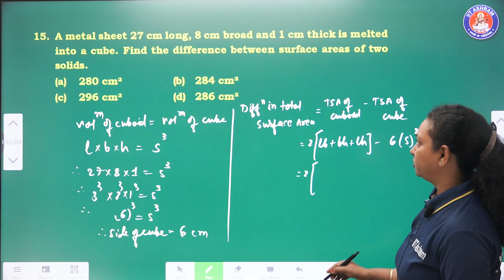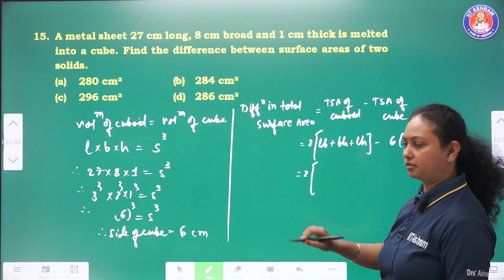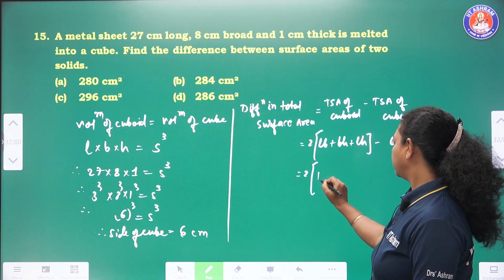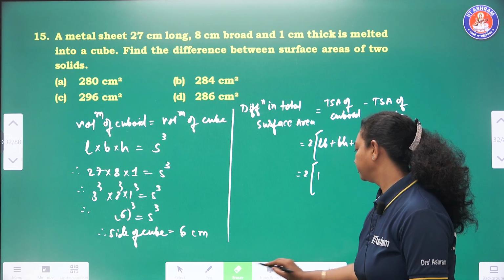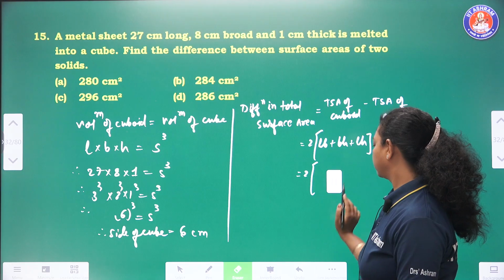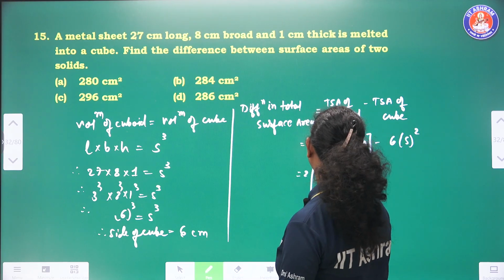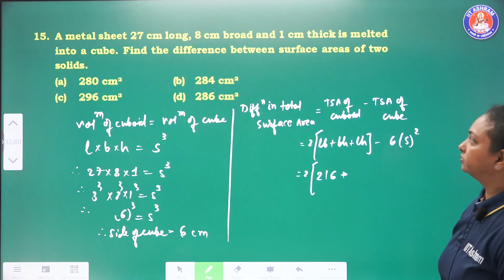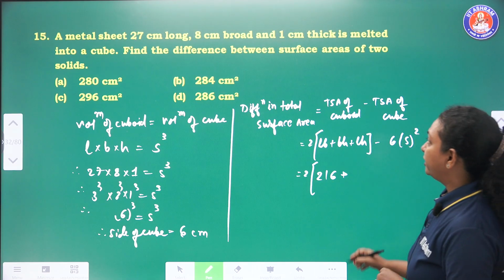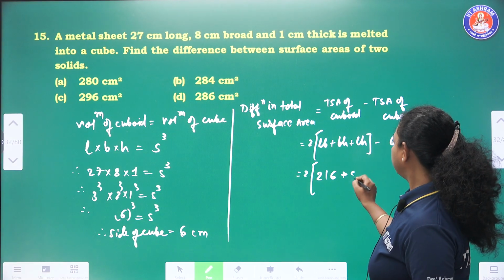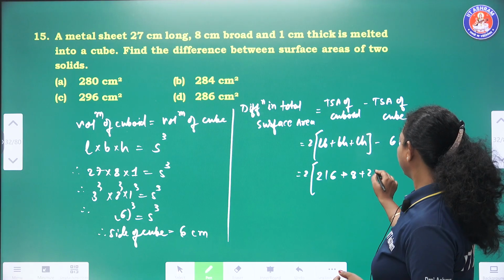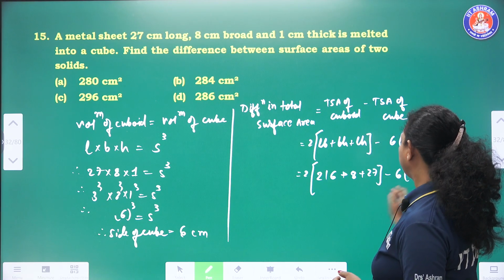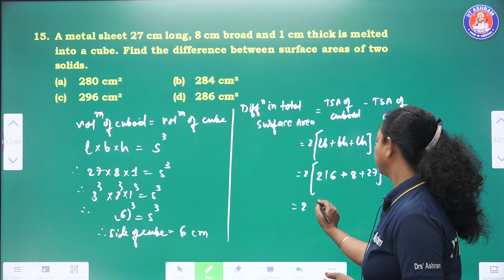So 27 into 8. 27 into 8 is 216, right? B into H, so 8 into 1 that is 8, and L into H that is 27. The cube's side was the same as before.